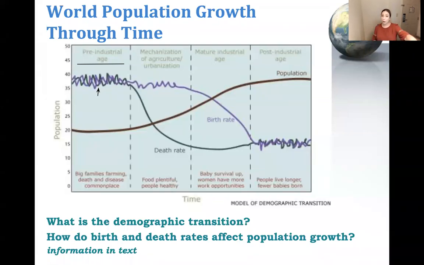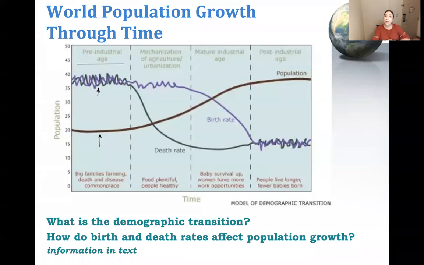But it's high up on the y-axis, which is population, right? So there's a lot of births, a lot of deaths, and they kind of cancel each other out. So what that means is here for population growth, the population is not growing, because births and deaths kind of cancel each other out.